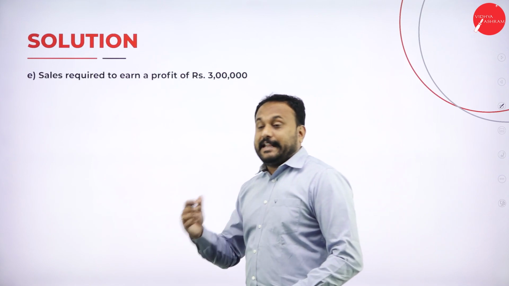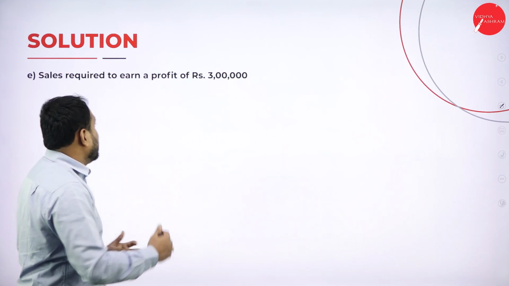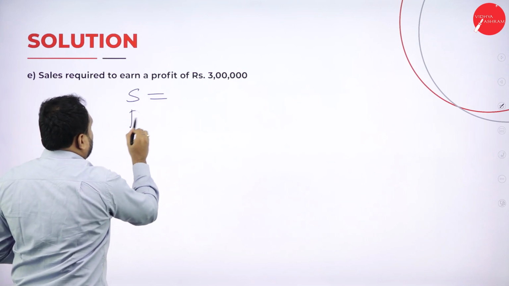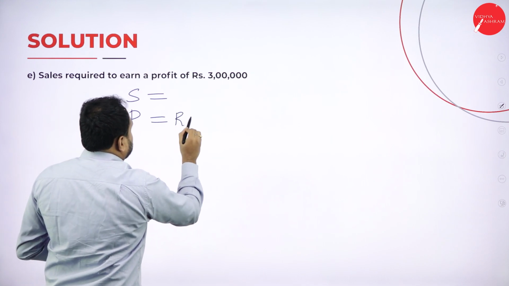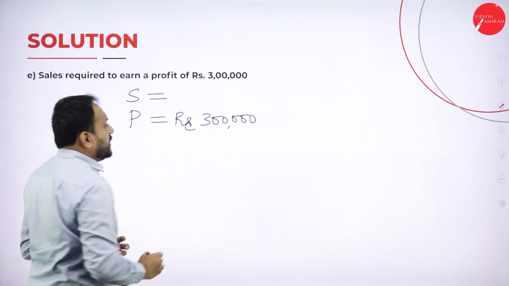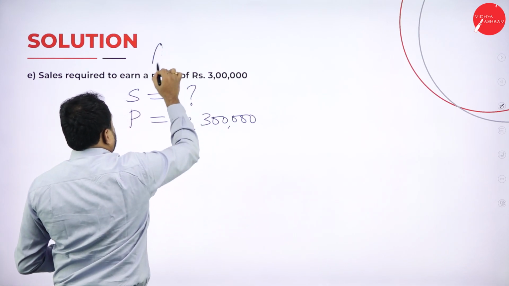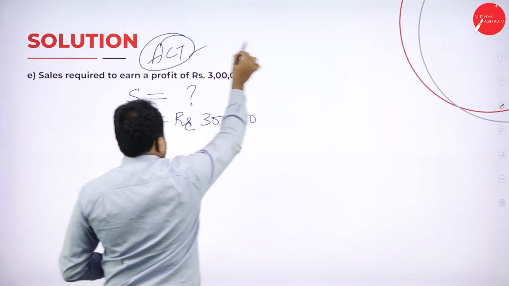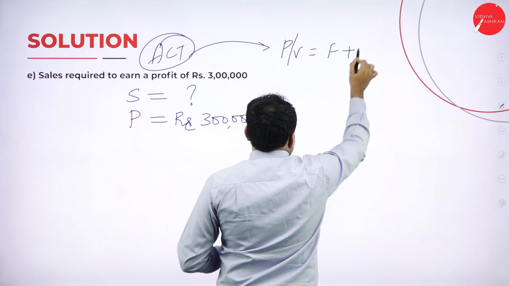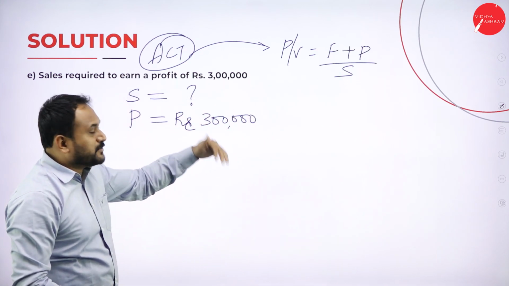Let's go with the next question, that is E. Sales required to earn a profit of rupees 3 lakh. Now when I need to earn a profit of 3 lakh, what will be the sales? Again the same, ACT. The formula is PV is equal to F plus P divided by S. Now we'll substitute it.